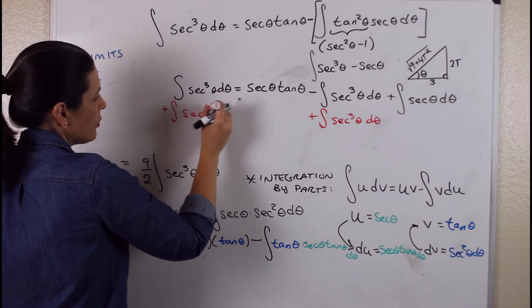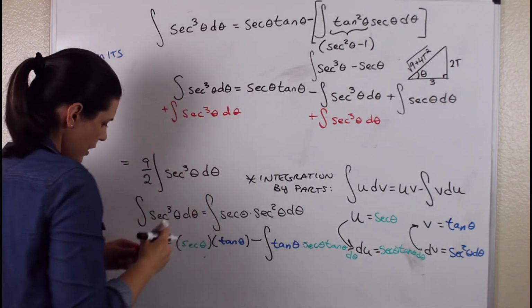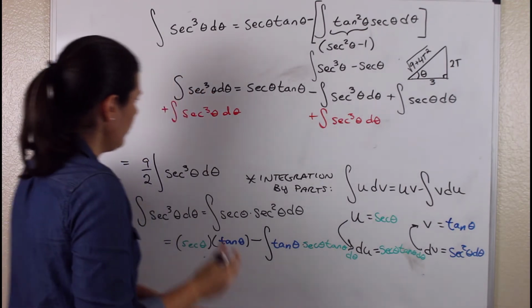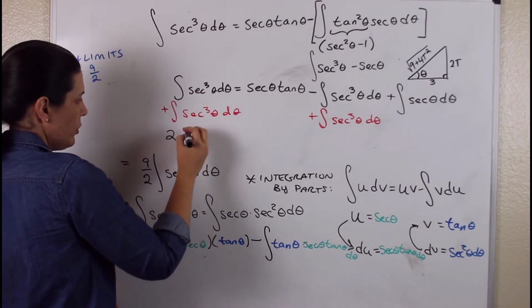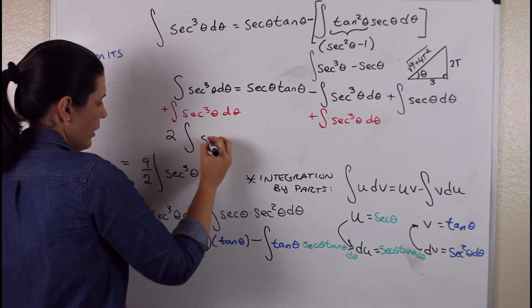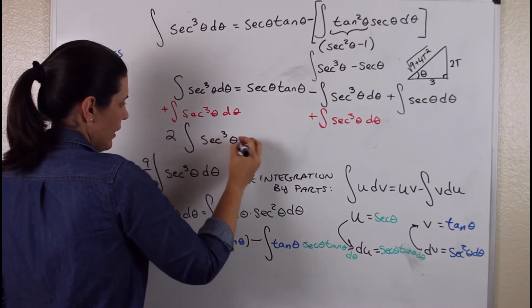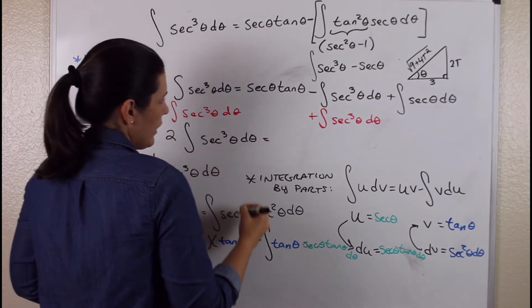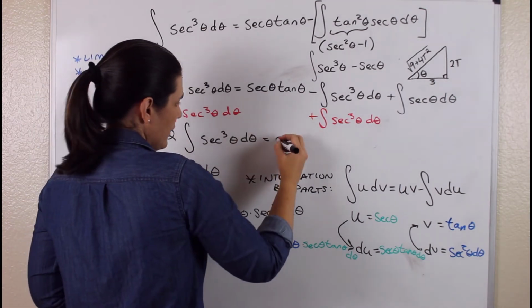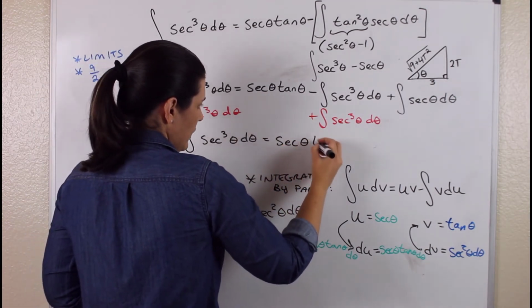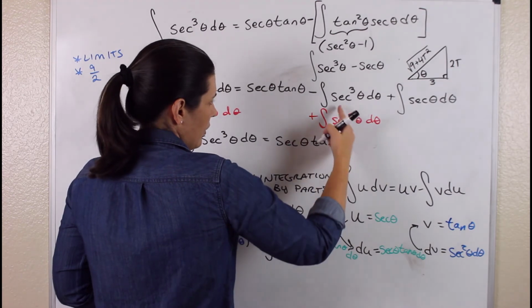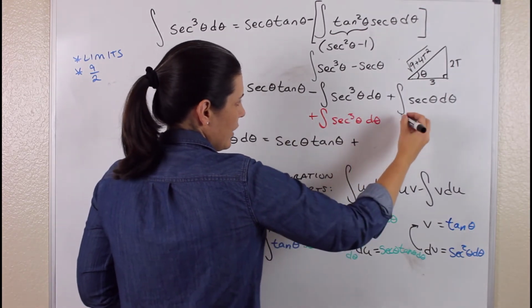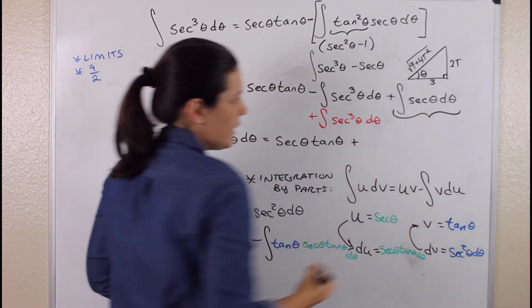Okay, so we're moving this one over, and then on the left side we now have 2 times the integral of secant cubed theta, and that equals secant theta times tangent theta, and then all that's left here is this plus the integral of secant theta.